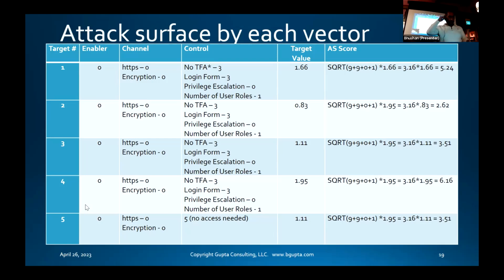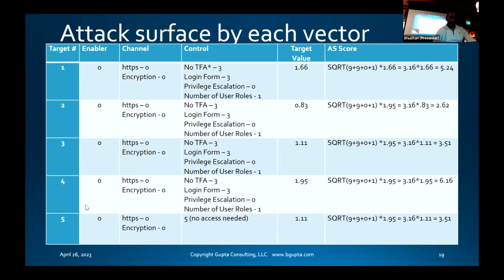At this point, for all the targets, I have looked at the enabler, the channel aspects, the control aspects, and I come up with an index for every one of those.